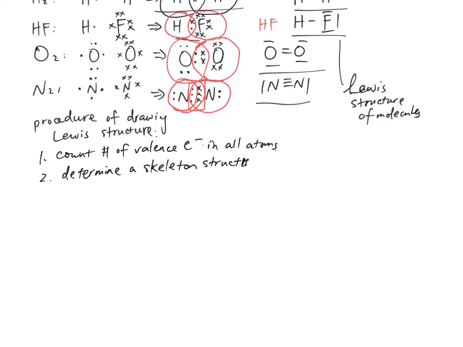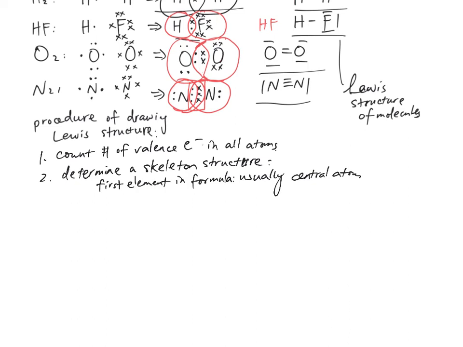Essentially, this means trying to determine which atom is bonded to which other atoms. A couple of rules of thumb here: A, the first element in the chemical formula is usually the central atom.